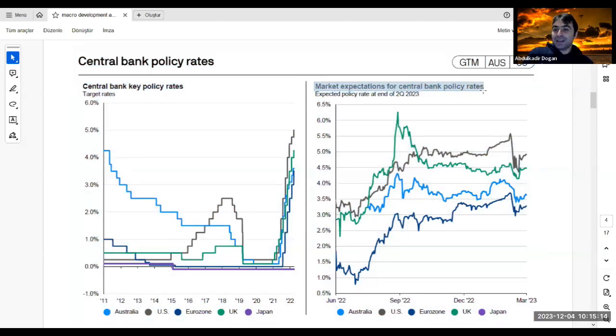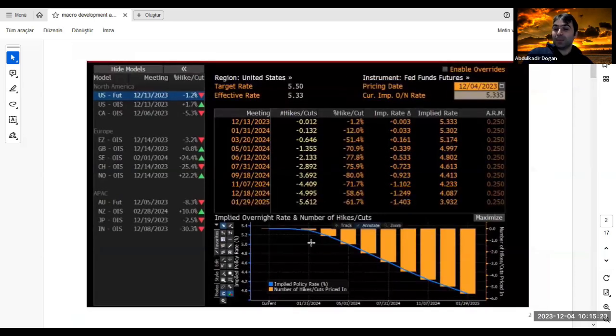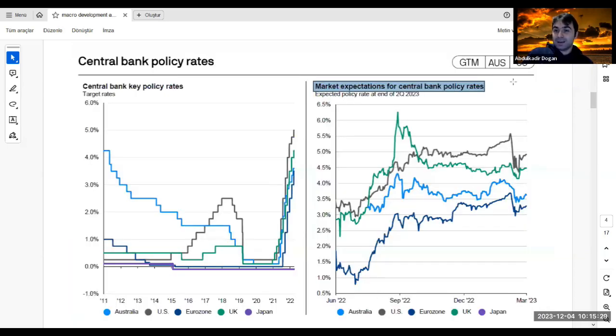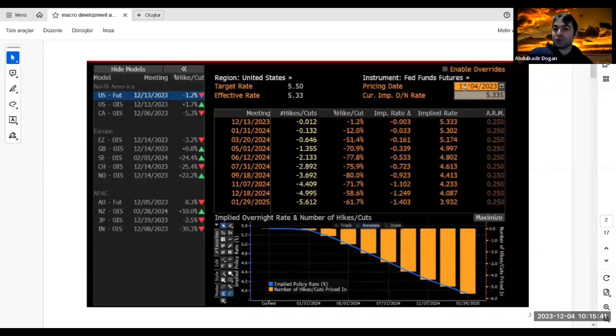This right-hand side shows the market expectation for the central bank. This graph is exactly the same as this probability map, but this is directly widespread from June 2022 until today. But here, as you see, I am taking just a specific date, like June 2023, and here, as you see, December 4, 2023.